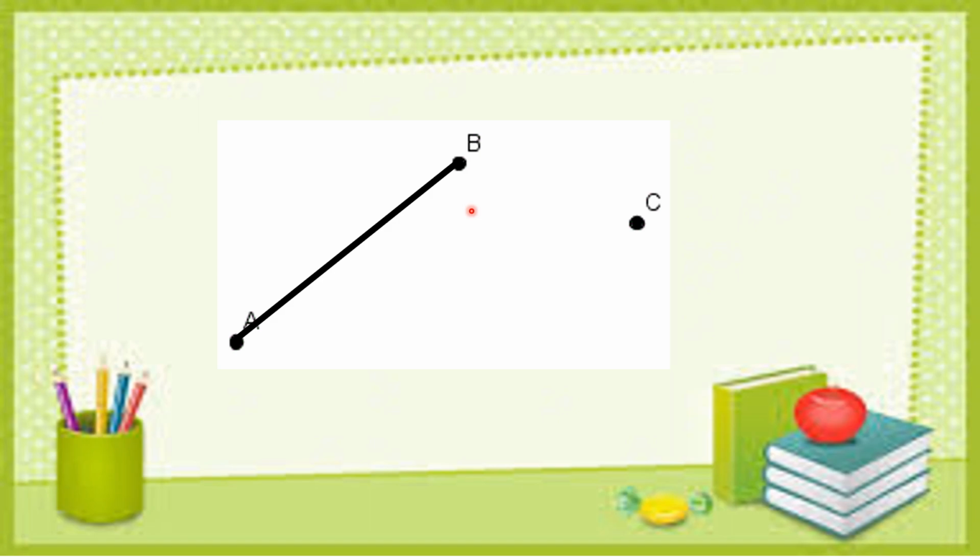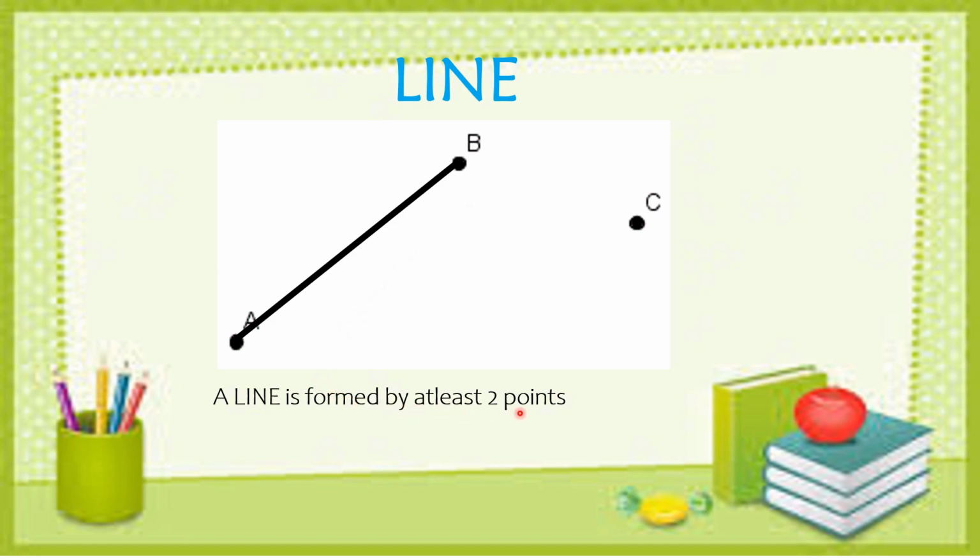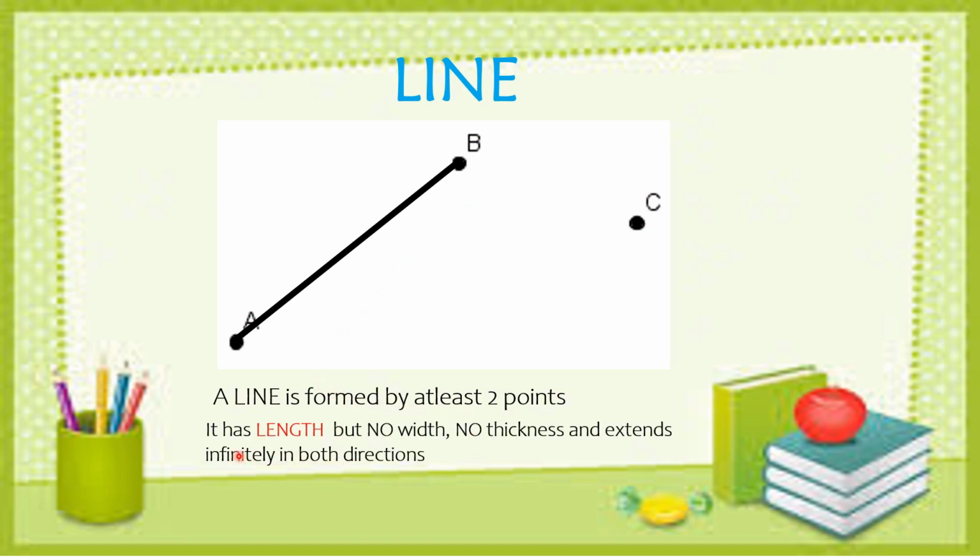We formed a line. A line is formed by at least 2 points. It has length, but no width, no thickness, and extends infinitely in both directions.